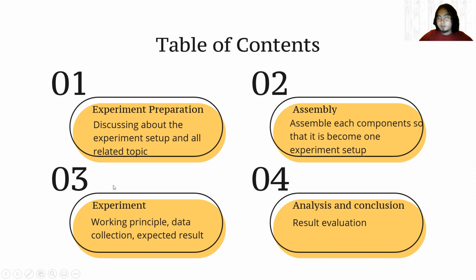The third topic is about the experiment itself. I will explain the working principle, the data collection, and also the expected result. And the last topic is about analysis and conclusion. Here I will do the data analysis from the experiment itself, and then I'll give the conclusion of the finding.